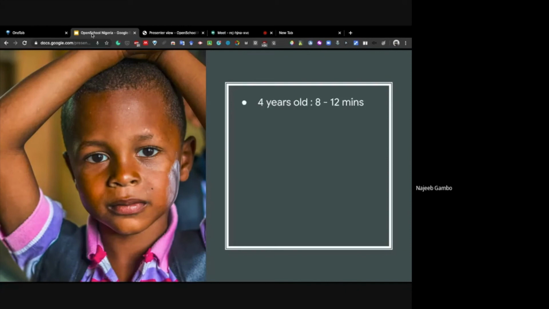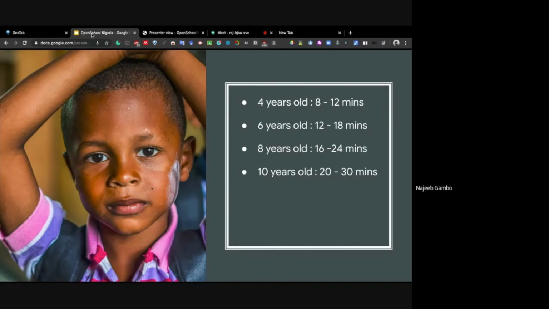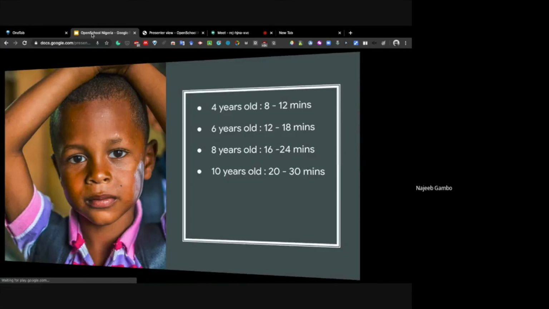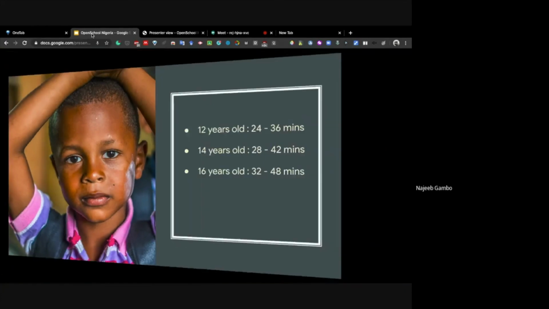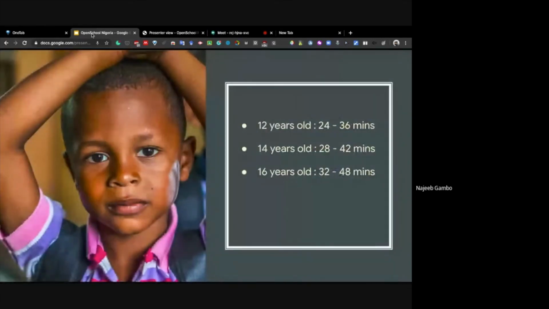He said the average attention span of a 4-year-old is 8 to 12 minutes, 6 years old 12 to 18 minutes, 8 years old 16 to 24 minutes, 10-year-old 20 to 30 minutes, 12 years old 24 to 36 minutes, 14 years old 28 to 42 minutes, 16 years old 32 to 48 minutes. So when you look at this, you will understand that it is not possible to replicate the school day. So it has to be in chunks based on the attention span of our students.